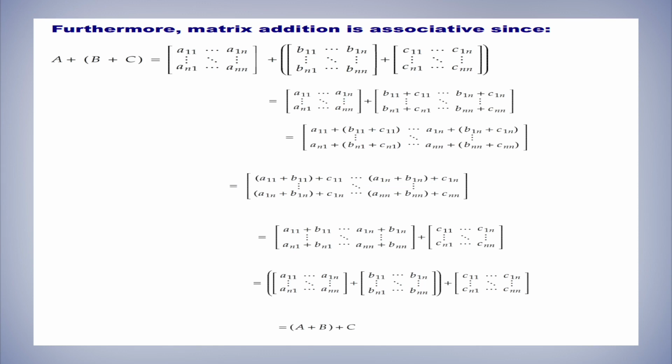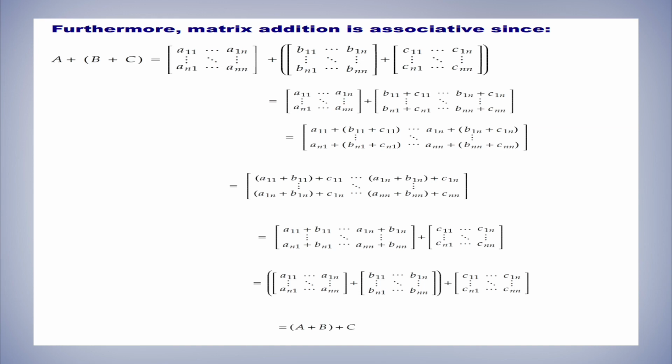Now, all the elements are in the ring, so it will satisfy the associative property. We will exchange it. So, how will it be written? A11 plus B11 plus C11, A12 plus B12 plus C12 and so on to A1n plus B1n plus C1n, like An1 plus Bn1 plus Cn1 and so on to Ann plus Bnn plus Cnn.